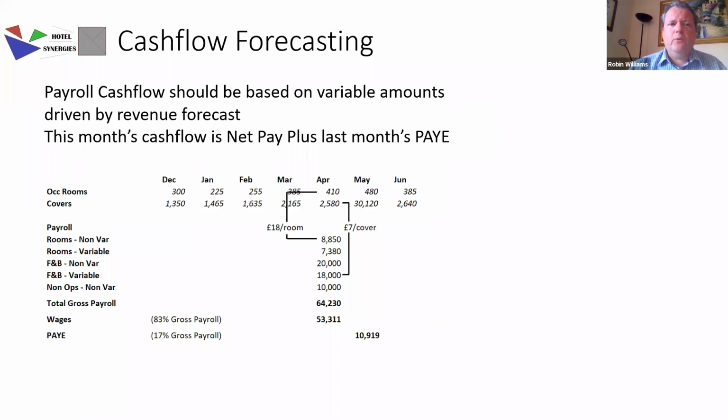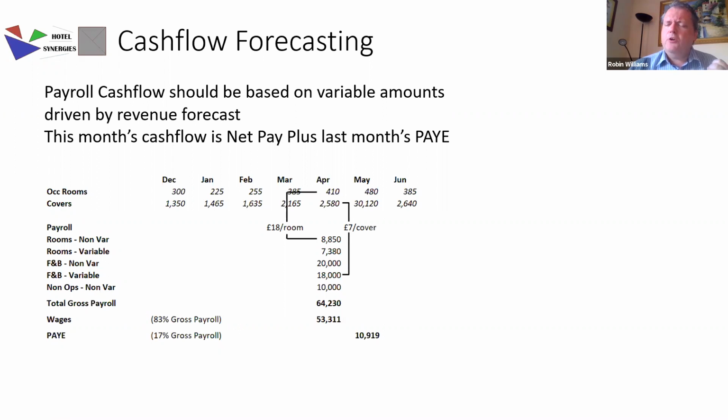So first of all, with the cost side of things, with the outflow, I mean, payroll, always make sure that any variable payroll is calculated based on your units sold, not your revenue. Your number of rooms sold will all cost roughly the same amount to clean them, whether you've taken £100 for that room or £200.